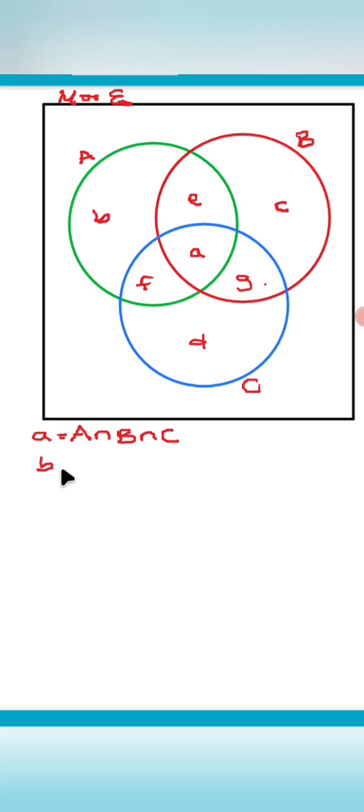Then what is position B? Position B represents elements that belong to A only, elements that belong to the green circle only. So what do we mean by only? If we have an event where two foods are being distributed, like rice and beans, it is possible that we have people that are allergic to beans or allergic to rice.